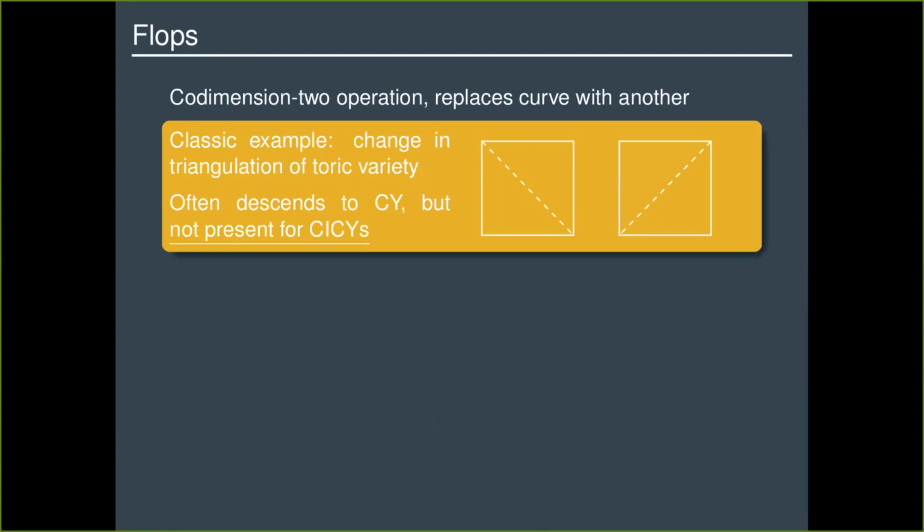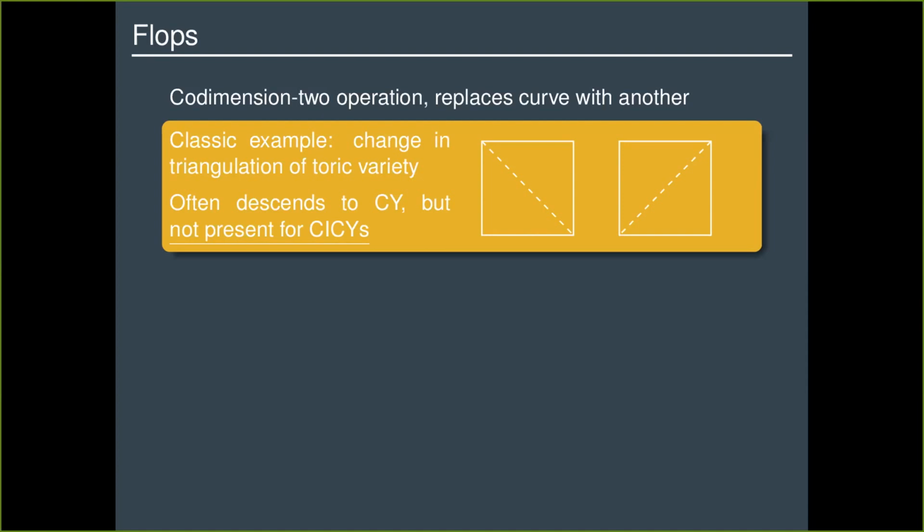A classic example is when you change the triangulation of a toric variety. If you had four rays of your toric variety, which are the vertices of these squares, then there are two different ways you could triangulate this square, by putting the line in either of these two cases, and that corresponds to putting in a different kind of curve. So this is a flop on a toric ambient space.